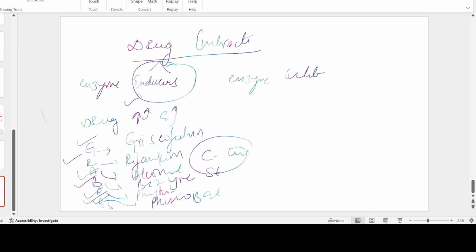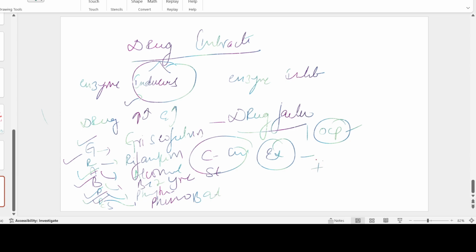Now, what these drugs do is increase the activity of an enzyme, and that leads to what? That leads to drug failure. How does it lead to drug failure? Take an example, okay? A patient is on OCP. Now, she is taking rifampicin.